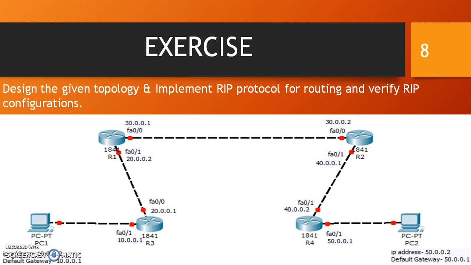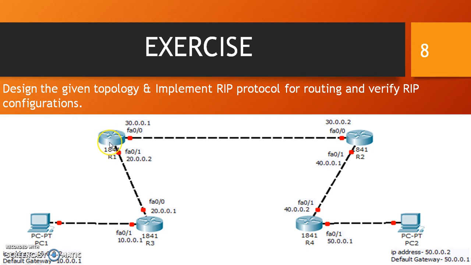Let us see with the help of an example how to configure the RIP protocol in Packet Tracer. By looking at this topology, we can see that it consists of four routers: R1, R2, R3 and R4. Router R1 advertises its routing table to routers R2 and R3 because they are directly connected to it.